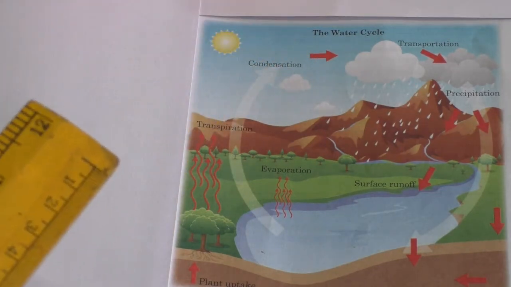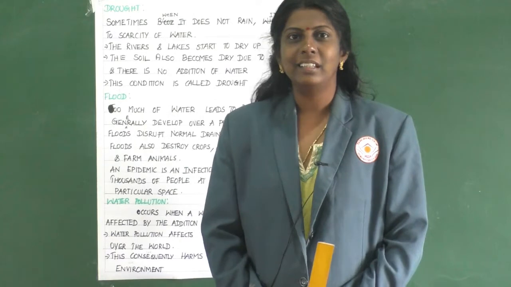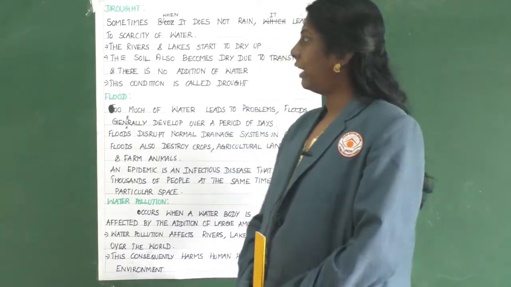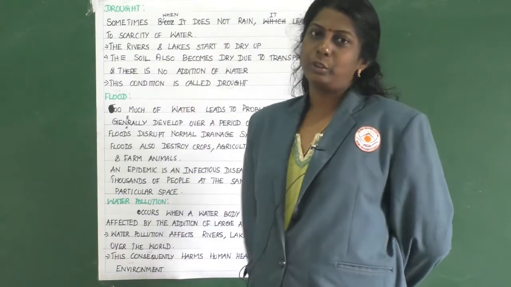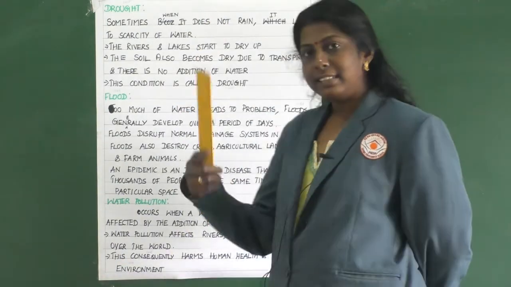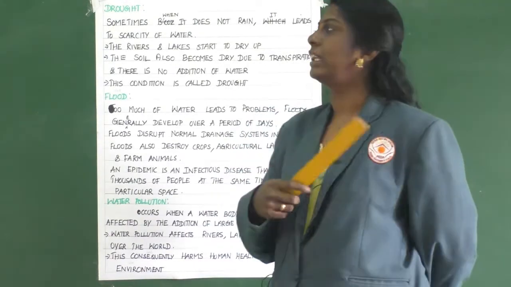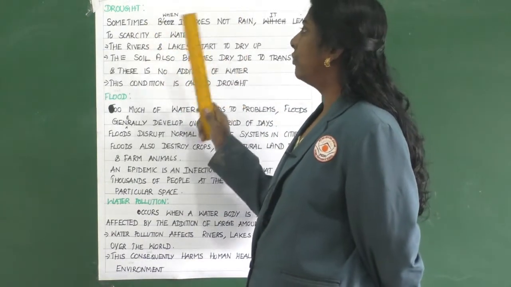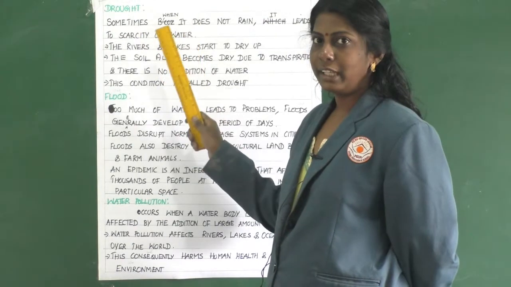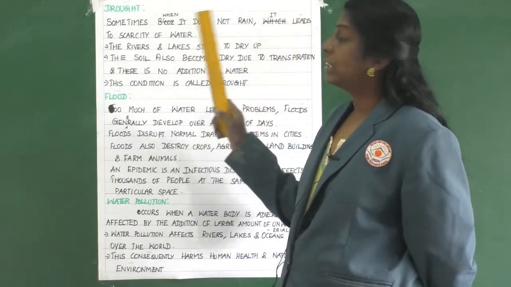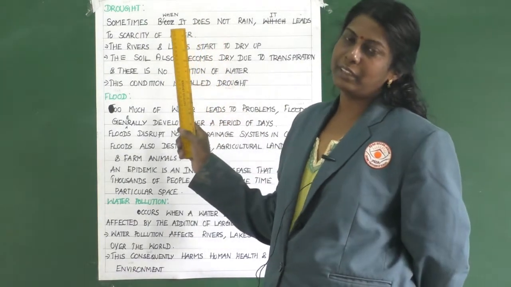Clear, children? Yes. Children, now let us learn about drought. Rain is the important source of water, is it not? Yes. So sometimes when it does not rain, it leads to scarcity of water.